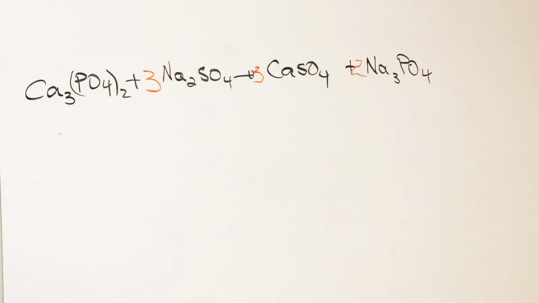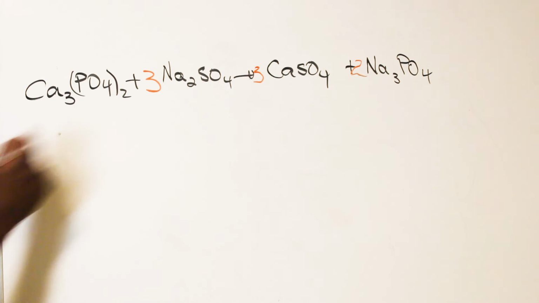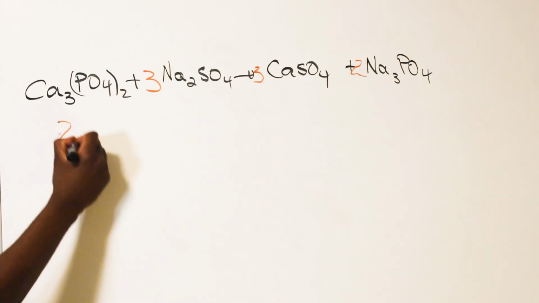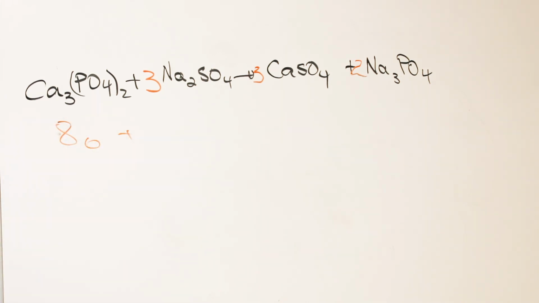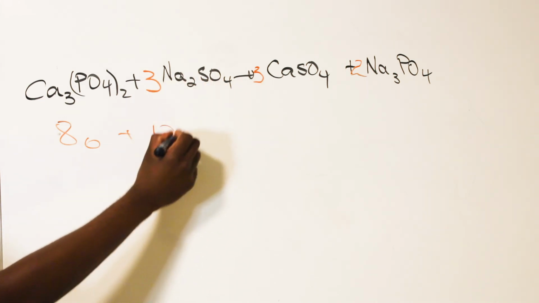So let me check on my oxygen. That's the reason why I keep saying oxygen is gonna be the last one to be balanced, because oxygen and hydrogen, they always tend to balance themselves out at the end of the equation. So let's check out. So we have 8 oxygen. This is 8 O plus 3 times 4 is 12 oxygen.